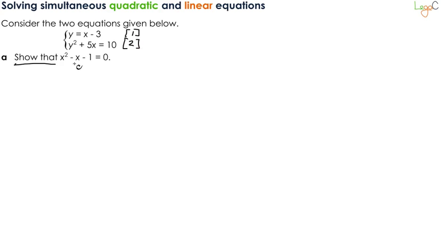Well, I want you to notice that this final equation that has to be proven has only one variable, which is x. For this reason, we have to look for a way where we eliminate the variable y. How are we going to eliminate the variable y?